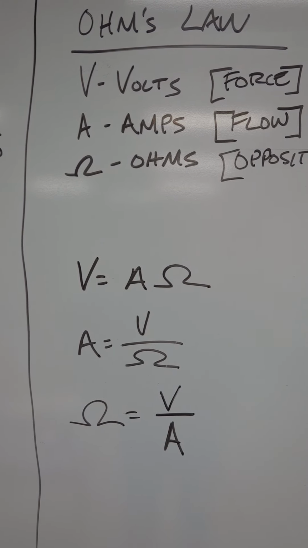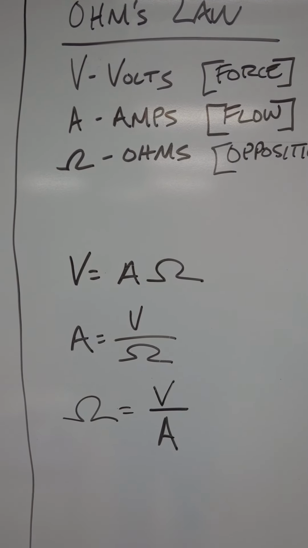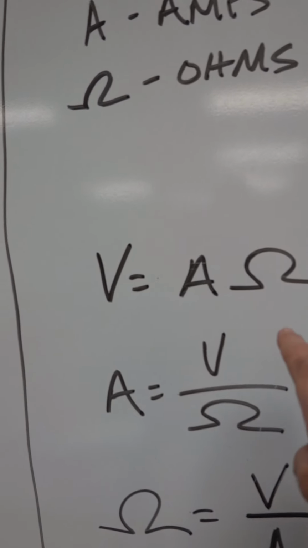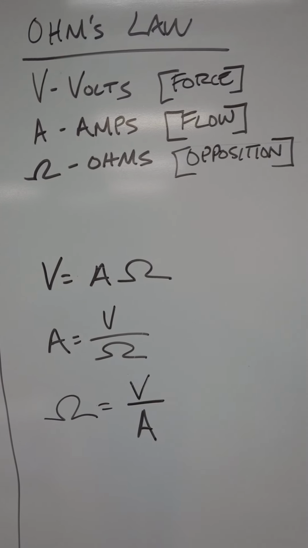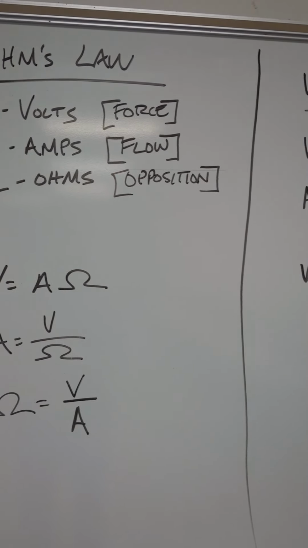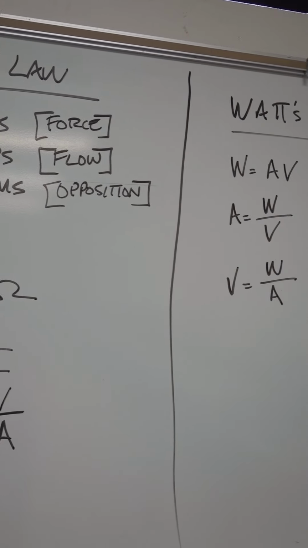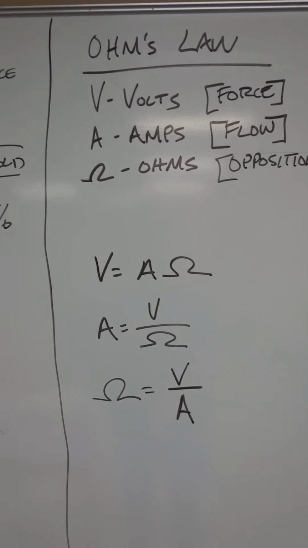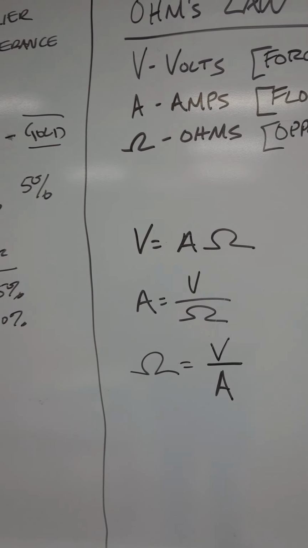Volts, amps, ohms is what VA-ohm stands for. That omega sign, this funny looking horseshoe thing, is the capital Greek letter omega, and that's what we use for ohms. So when I talk about Ohm's law, we can write that as an equation, and that equation is volts, amps, and ohms, and that's what we see here.